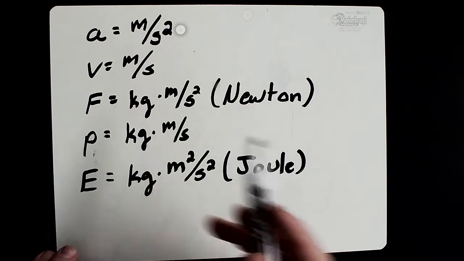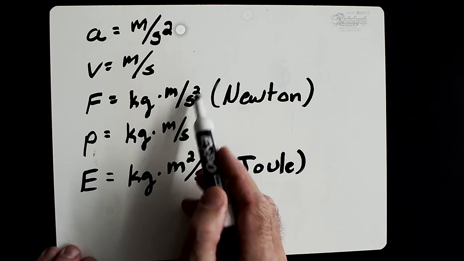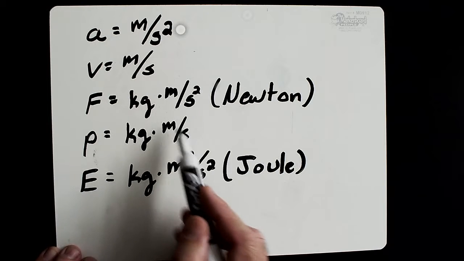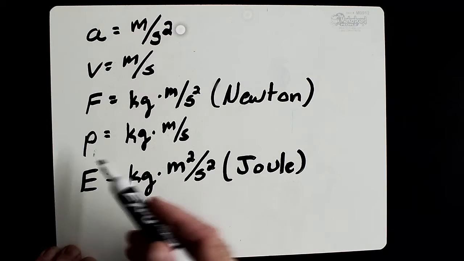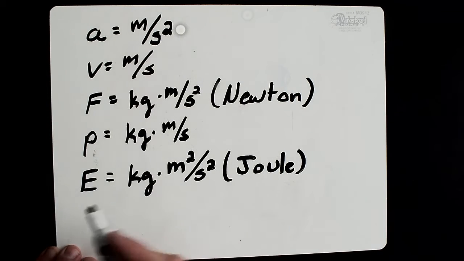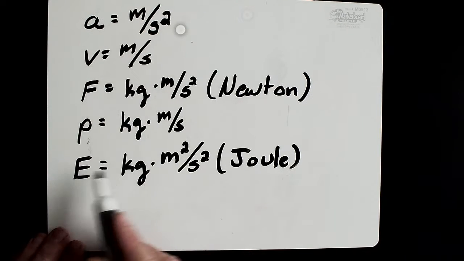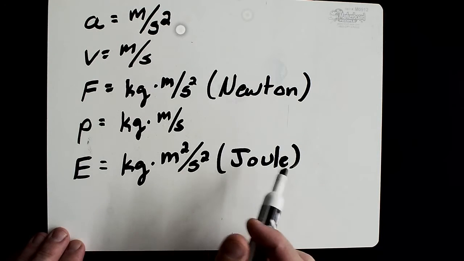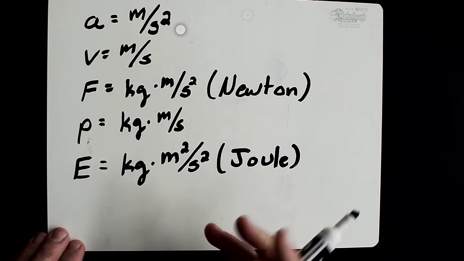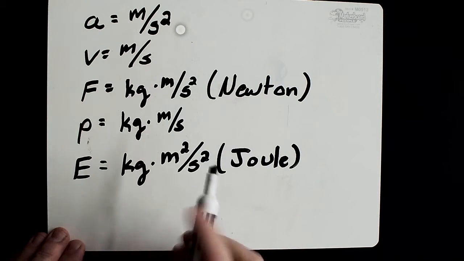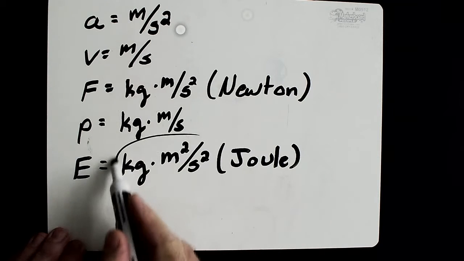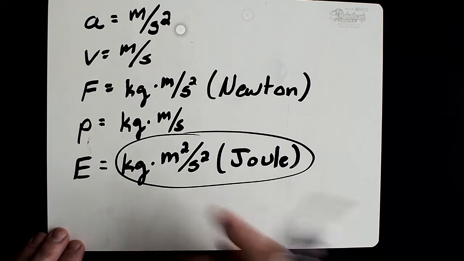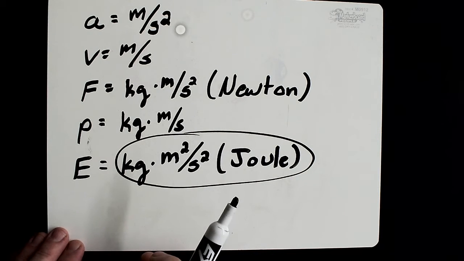If you end up with a unit that has just the second squared, it's a Newton. If neither of them are squared, it's just momentum. There's no special name for it. And in this section, the unit is going to be kilogram meters squared over second squared, which is called a joule. This is what I'm going to be focusing on the most, how to work with that.